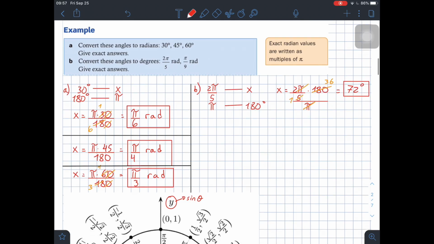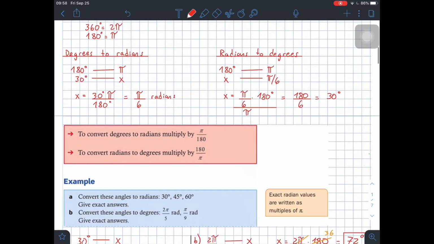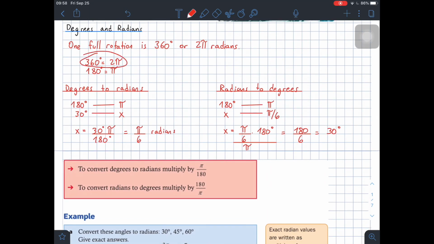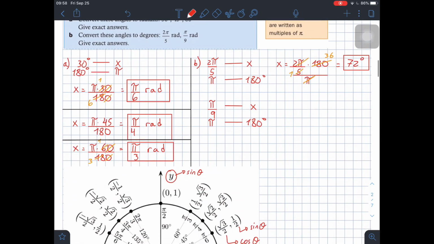Okay? Then we're going to do the same thing for pi over 9. We're going to say that pi over 9 is to x degrees as pi is to 180 degrees. If you want, you can also use this equivalence: 360 equals 2 pi. It'll be the same thing.